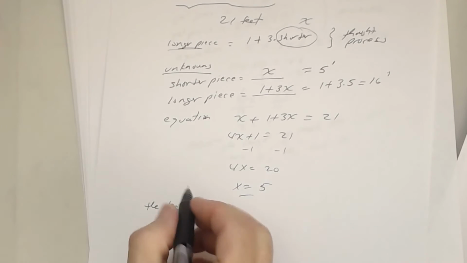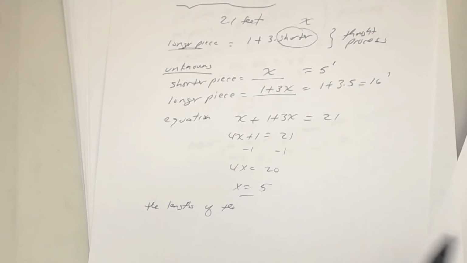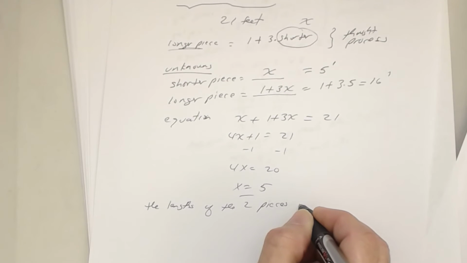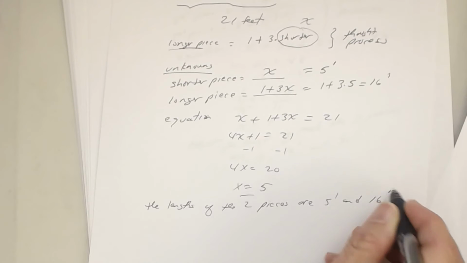So you could say the shorter piece is 5 feet and the longer piece is 16 feet. You can write it like that, it does not matter. Or you can just say the lengths of the two pieces are 5 feet and 16 feet.